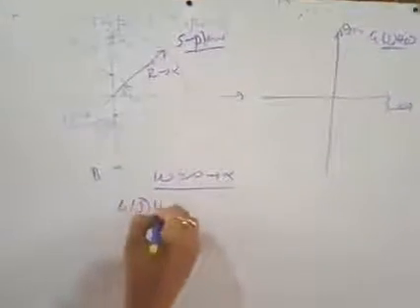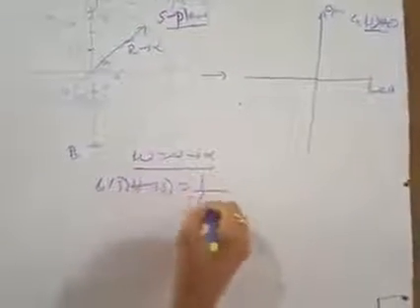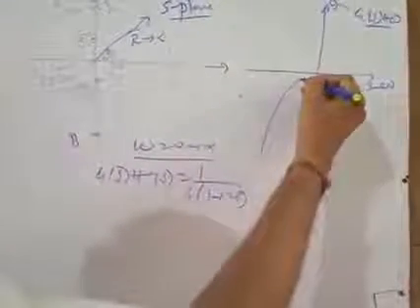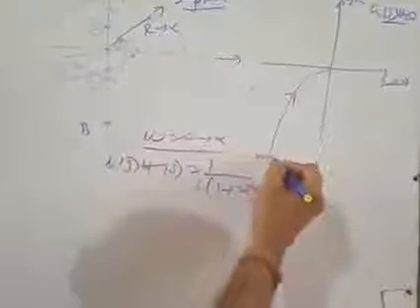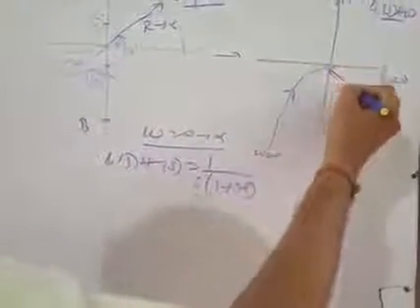How does the polar plot of the system GS HS equal to 1 by s into 1 plus 2s look? We know this is your polar plot. This is your omega 0 and this point is omega equal to infinity.